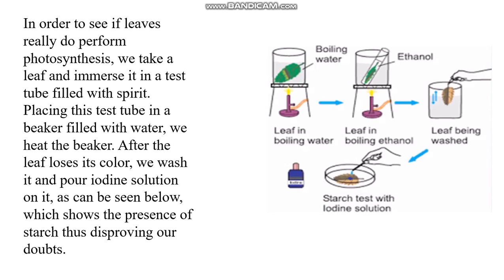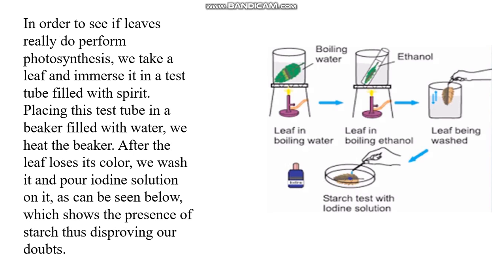In order to see if leaves do perform photosynthesis, we conduct a small experiment. We take a leaf and immerse it in a test tube filled with spirit. Place this test tube in a beaker filled with water. Now we heat the beaker.